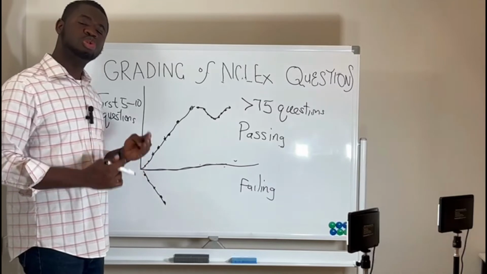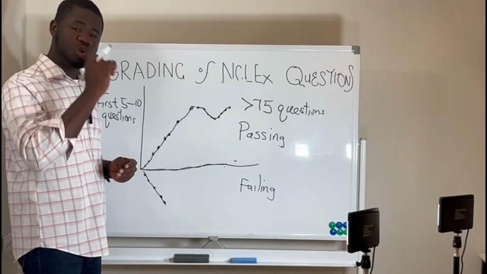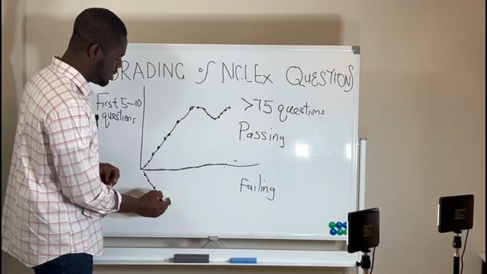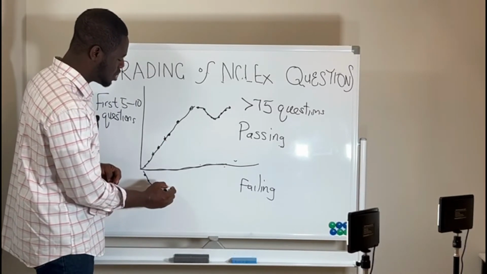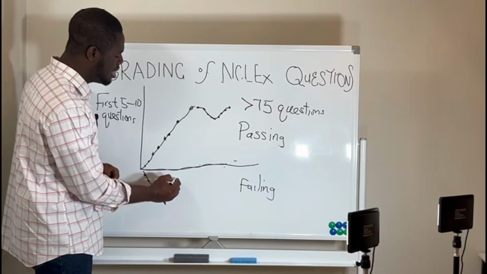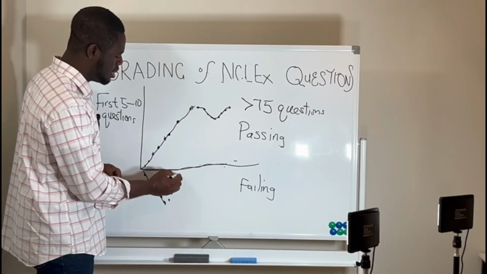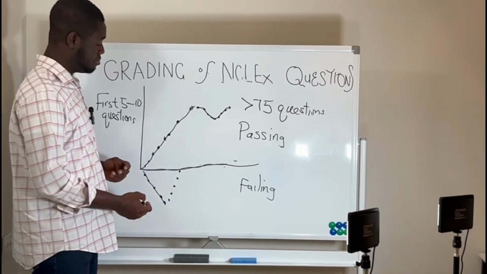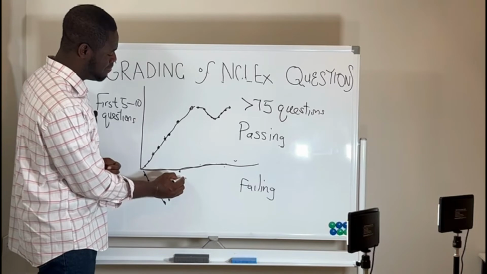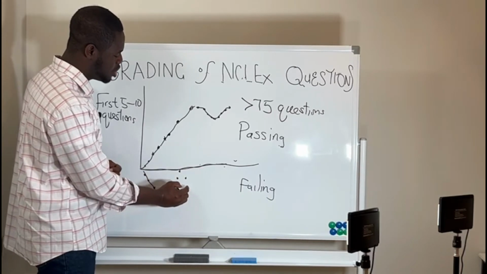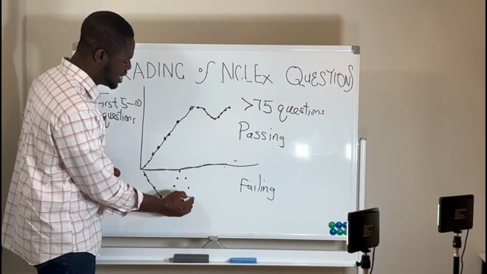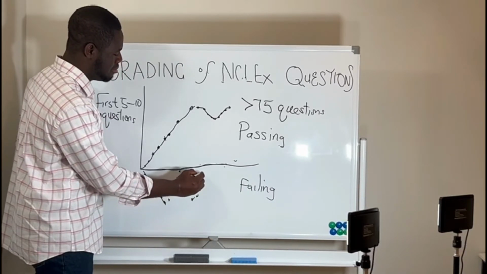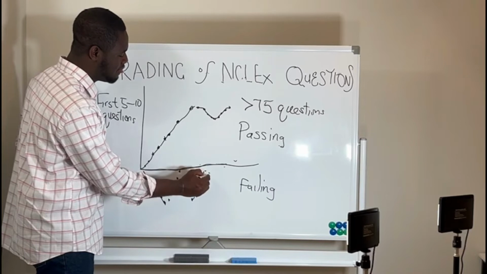And if the person struggles to get the following questions right, maybe the sixth question is right, seventh right, eighth right, ninth right, and the 10th question he gets right, and the 11th question he misses, 12th question is missed, 13th question is missed, and he maintains the slopey curve like that.